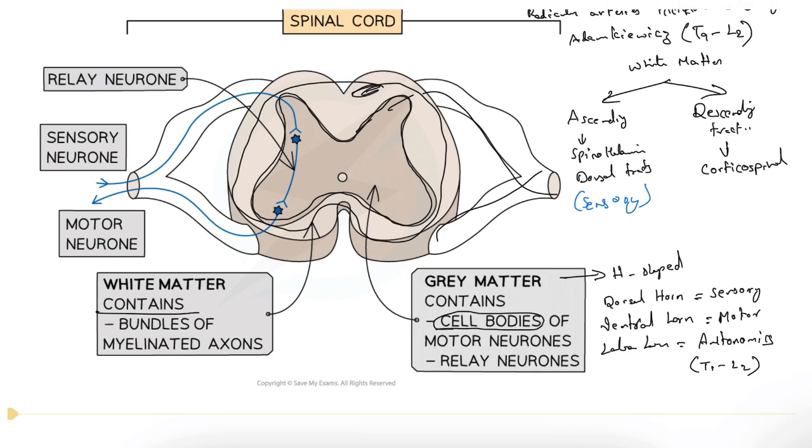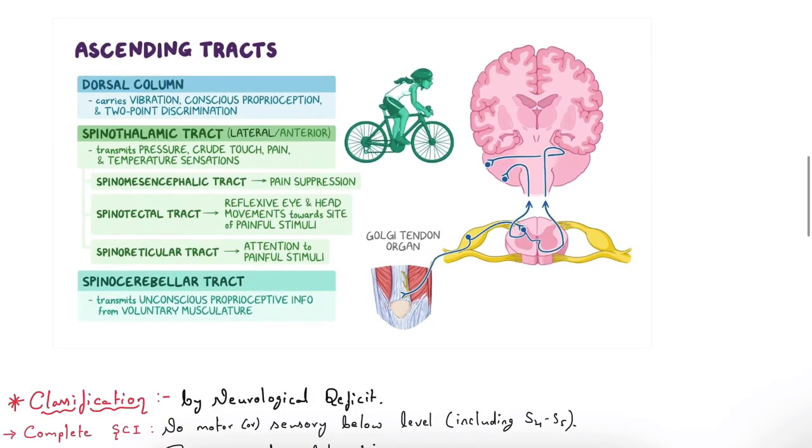If you feel any sensation like pain, heat or vibration, nociceptors will pass an impulse, and the ascending tract will take it to the brain. The brain integrates it, then the descending tract takes over and does the motor function. So the ascending tract is sensory and the descending tract is motor.